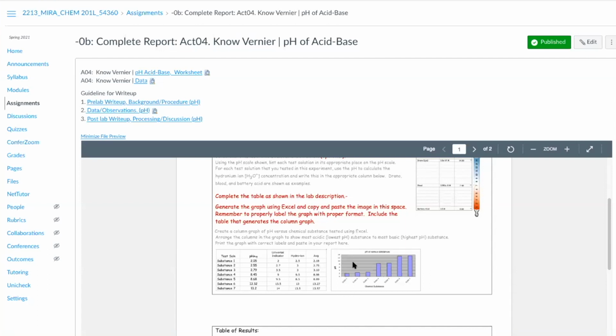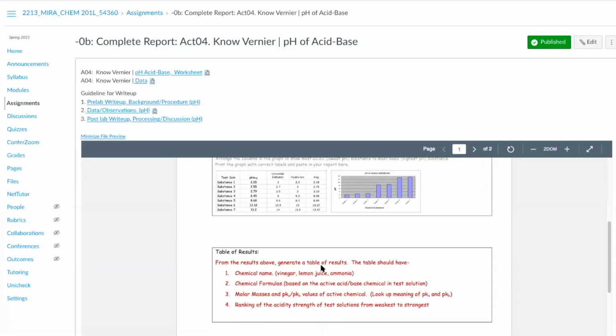Okay, but you guys are going to be generating a column chart. It's not just the substance and the average, it's the substance, the pH of the probe, the universal indicator, the hydrion paper, and then the average. Take a look at last time's Zoom session.